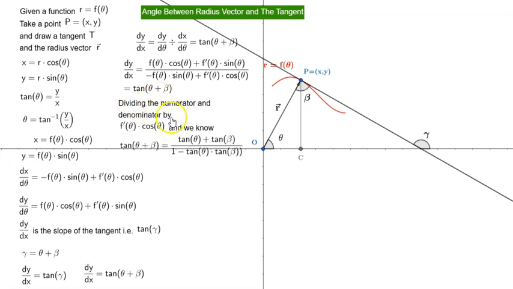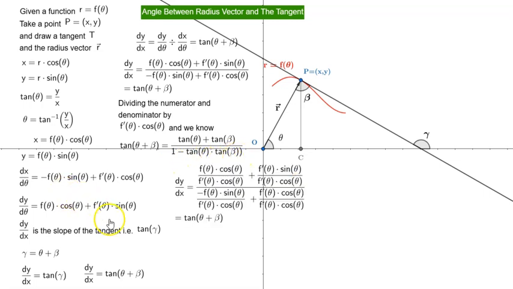Dividing the numerator and denominator by f prime theta cos theta. We also know that tan of theta plus beta, the tan of a sum of two angles, is equal to tan theta plus tan beta divided by 1 minus tan theta tan beta.